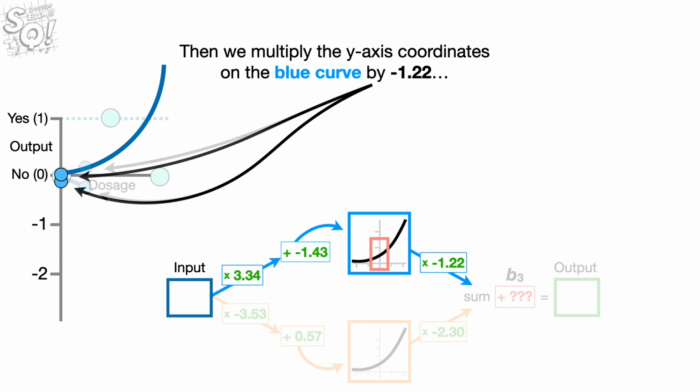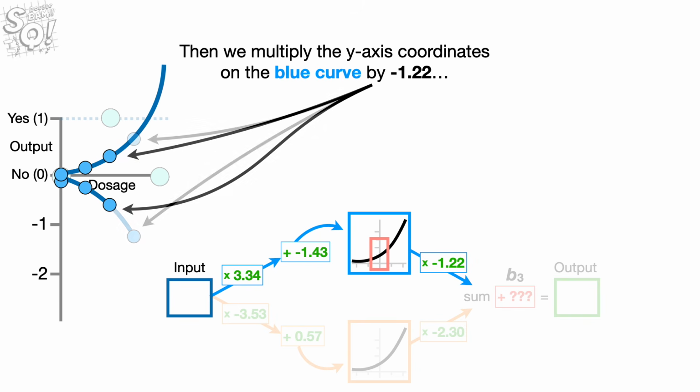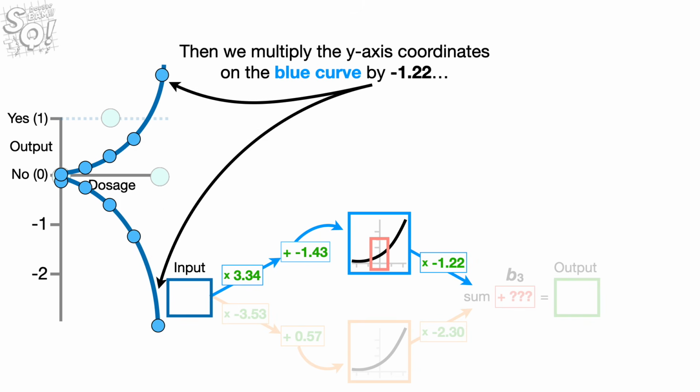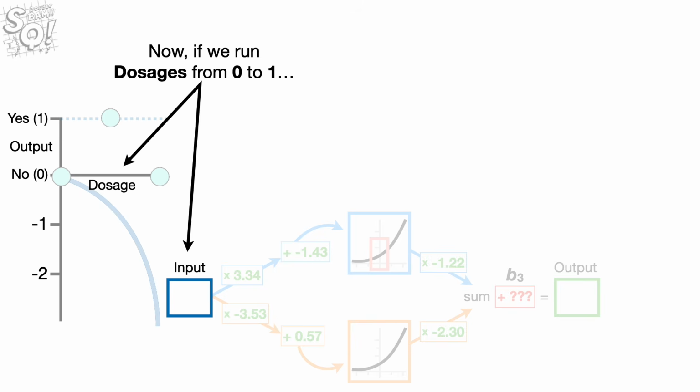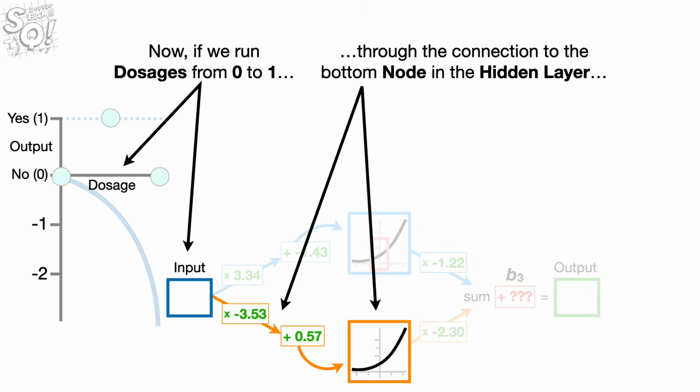Then we multiply the y-axis coordinates on the blue curve by negative 1.22, and we get the final blue curve. Bam!